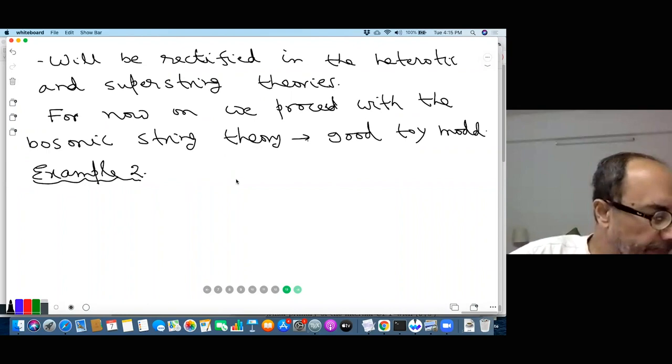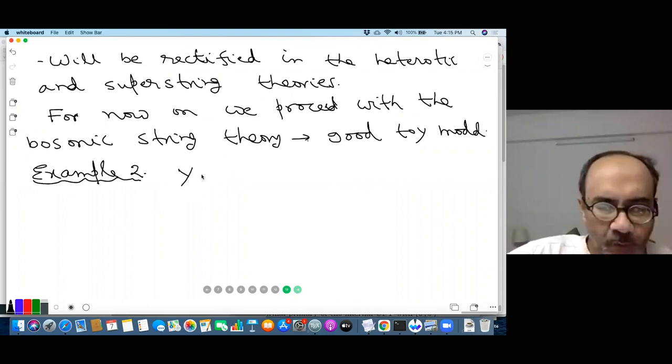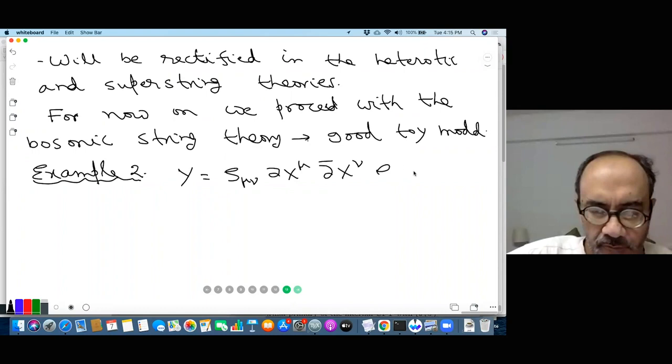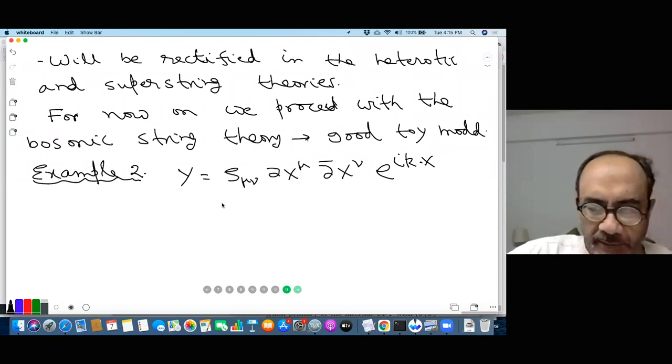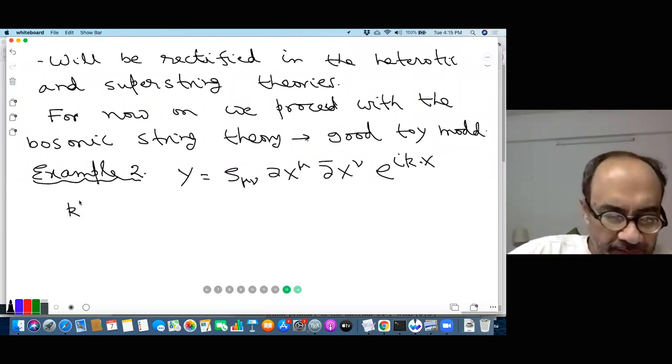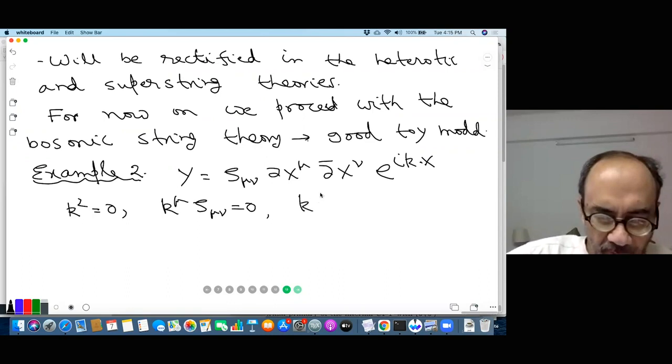Of a physical state. Here we will take y as zeta mu nu. And we impose the condition that we have k square equal to 0, k mu zeta mu nu equal to 0, and k nu zeta mu nu equal to 0.